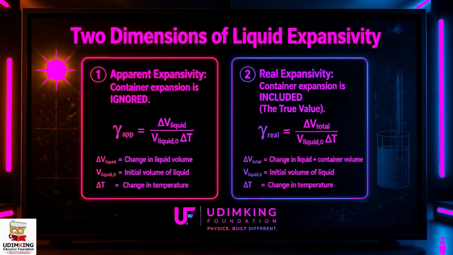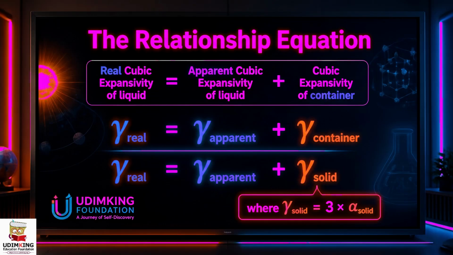Second, we have the real cubic expansivity. This is the true absolute change in volume per degree change in temperature when the expansion of the container is fully taken into consideration. Arithmetically, we can then put it simply that real expansivity of a liquid is equal to the sum of the apparent cubic expansivity of the liquid and the cubic expansivity of the container, which is a solid.